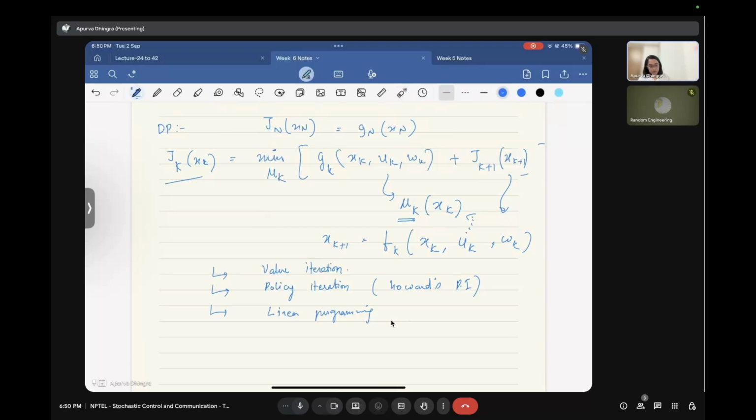If you want to know the details of these methods, you can look at Sutton and Barto. This is one of the textbooks that I am aware of. There are definitely more, but this is a standard textbook if you're interested in algorithms for MDP. I think it's called Intro to RL, but if you just look for the name of the author, you should be able to find it.